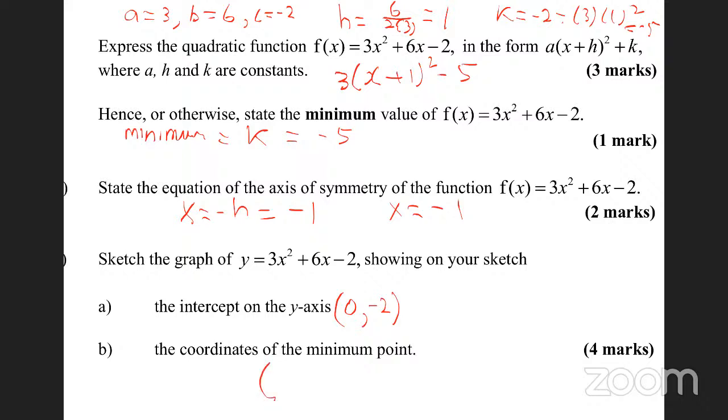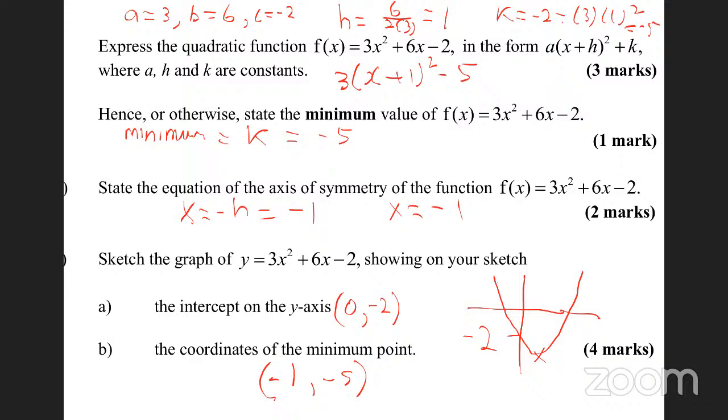Everybody okay with that? And what's the minimum point? The minimum point is -h, k. Right? All you have to do now is just show it on a graph. It's a minimum, so it looks like that. Y-intercept -2, minimum point. Oh, sorry. What's wrong with my graph?